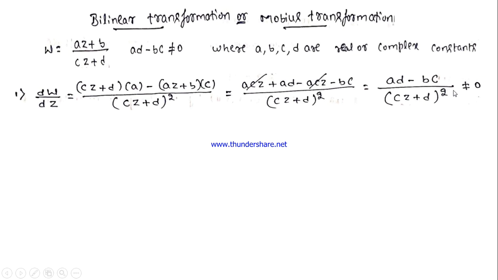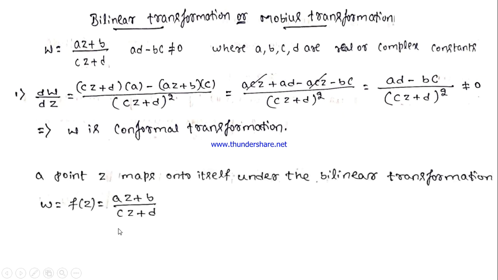If this condition is satisfied, what happens? We have dw by dz not equal to 0, which shows our bilinear transformation is a conformal transformation.